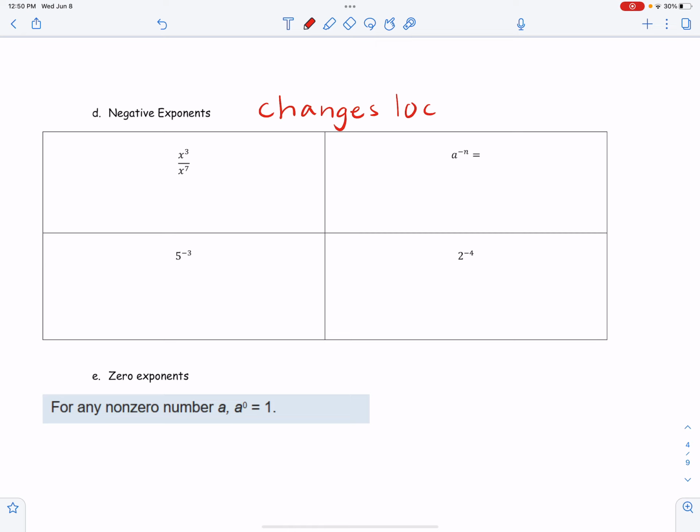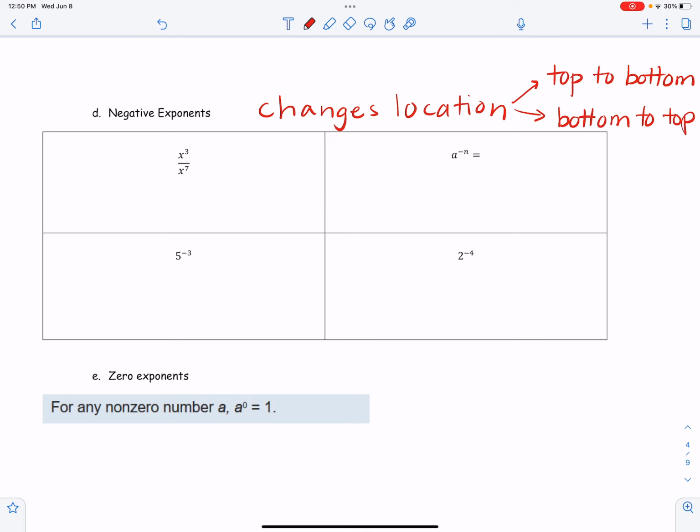What a negative exponent will do is change the location of that term. Meaning if it's on the top of the fraction, it will move to the bottom and become positive. If it's on the bottom of the fraction, it will move to the top and become positive.